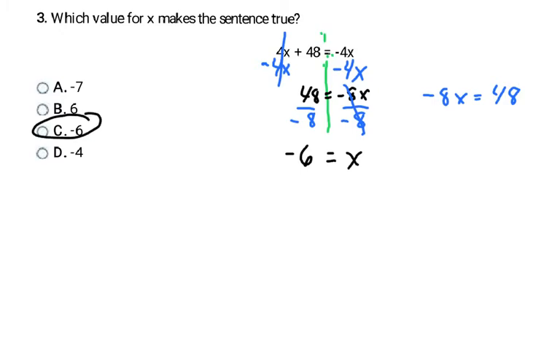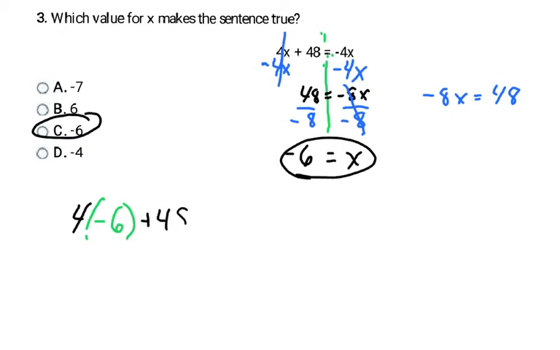But once again, I can substitute this answer back into the equation. Remember, anytime I have an x term, I'm going to substitute that in for my answer. So my answer is -6, and then I have the plus 48 equals -4, and then I have another x there, so I'm going to replace that with -6 also.